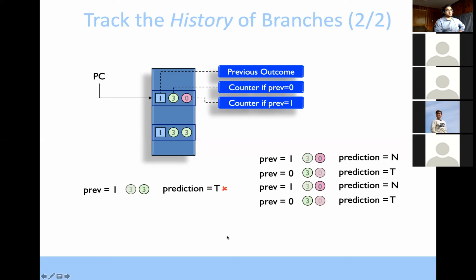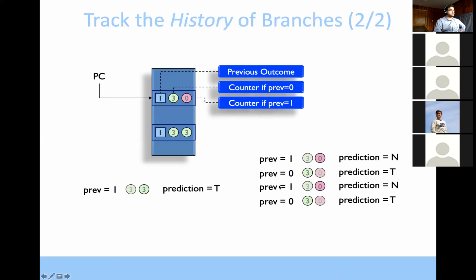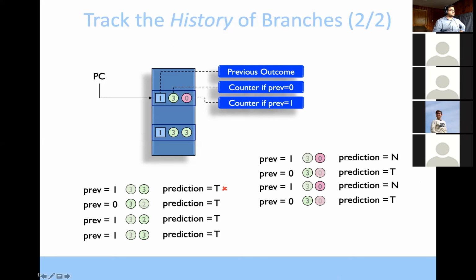And this is for the second pattern that we looked at just now, which was, where did it go there? TT and TN, right? So if we were to write this out, let's say we started with this pattern here.